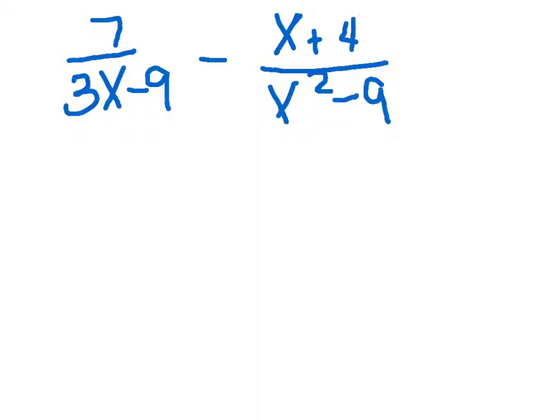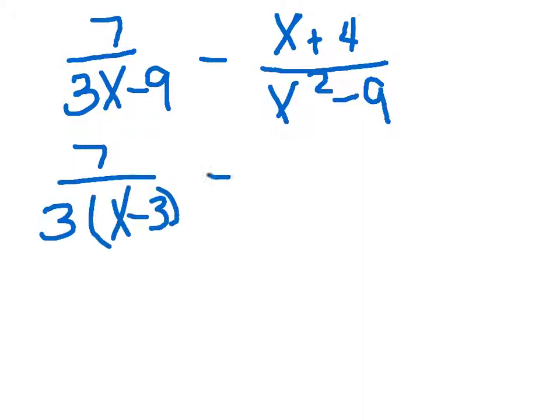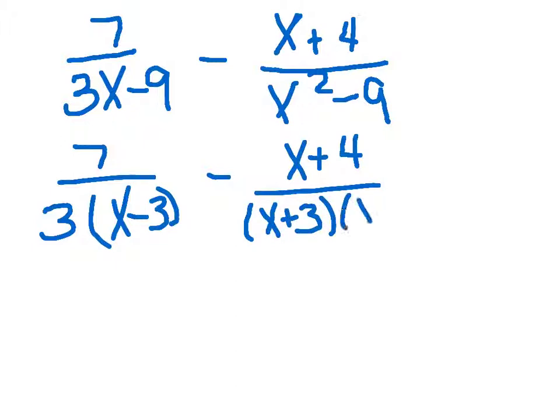Okay, I need to factor each of these first. So I have 7 over, I'll pull a 3 out, 3 times x minus 3. Then factor the other one, that's the difference of two squares, so x plus 3 times x minus 3.